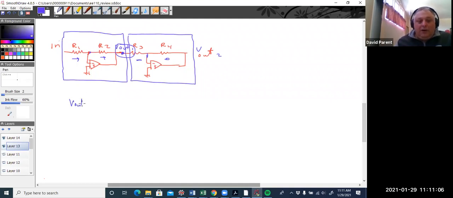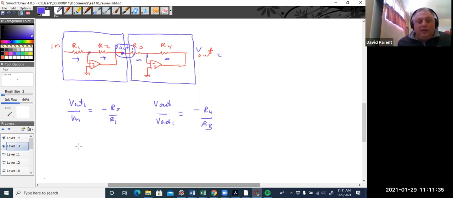So V out 1 over V in equals minus R2 over R1. You just recognize it. Hey, that's 1. V out 2 over V out 1 equals minus R4 over R3, right?